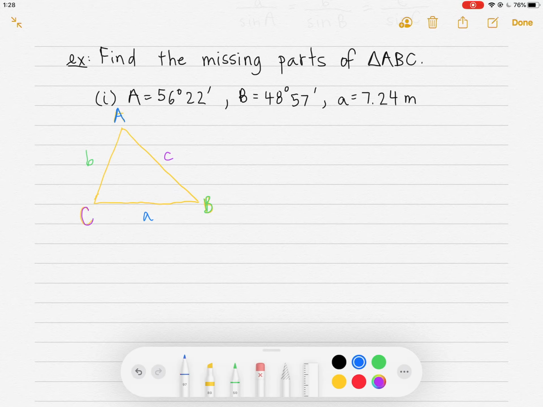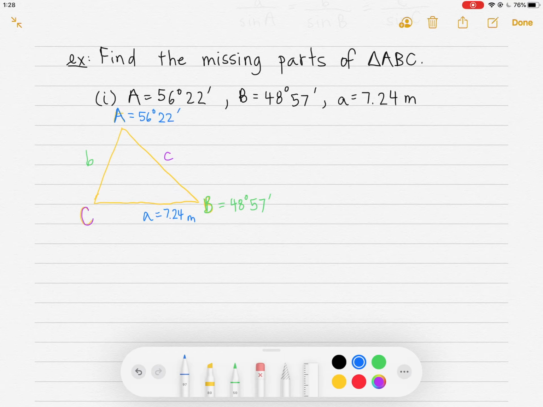What we know right now: big A is 56 degrees, 22 minutes, big B is 48 degrees, 57 minutes, and little a is 7.24 meters.